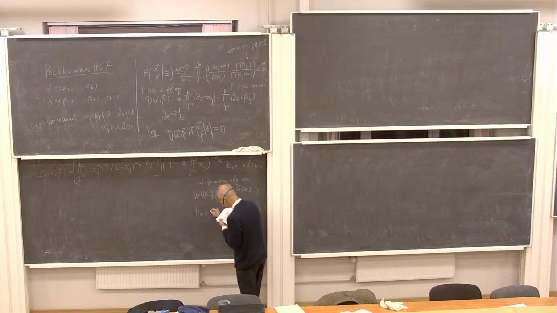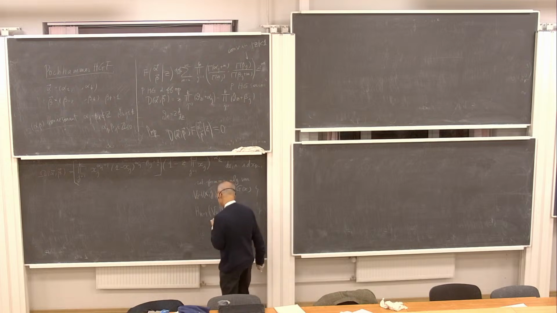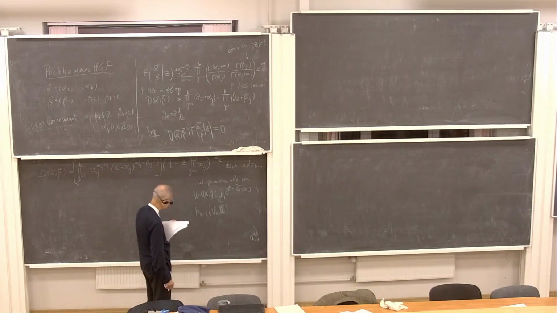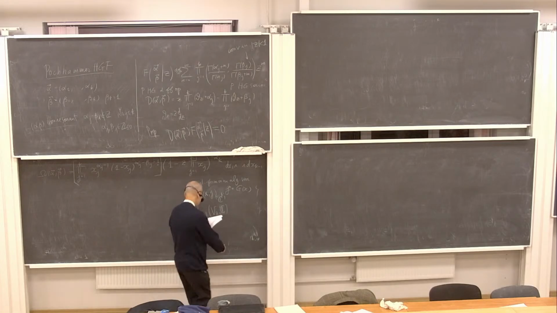And so V_z. In fact, we can consider a linear combination of chains with complex coefficients.